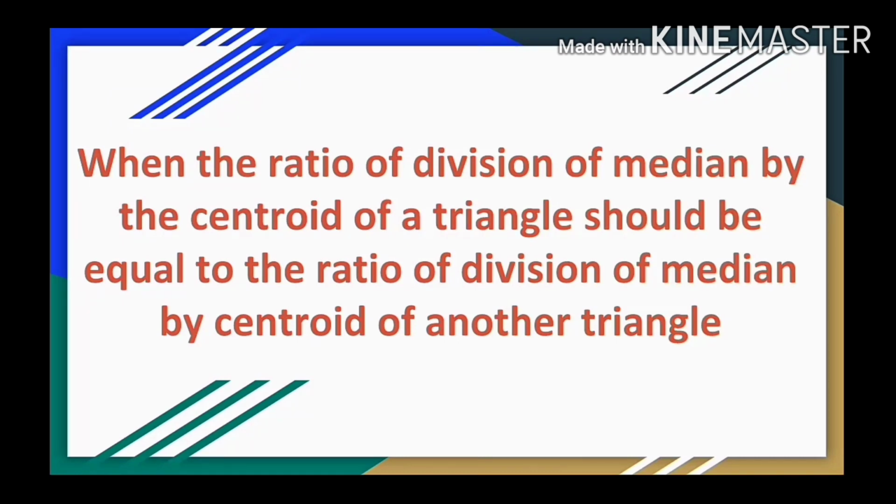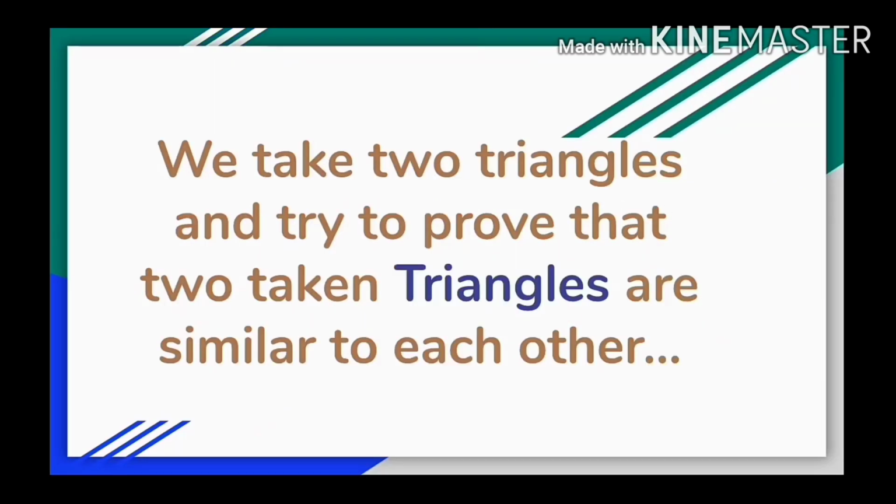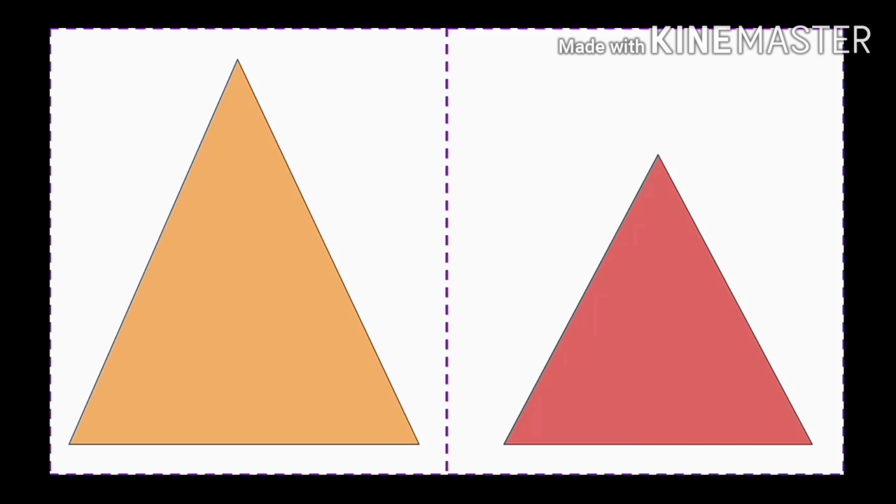Take two triangles. Now we will prove that two triangles are similar or congruent. We take this criteria to prove that. I will explain by taking two figures, and I will prove that they are similar to each other, because it's the similarity criteria. Okay, now take two triangles.